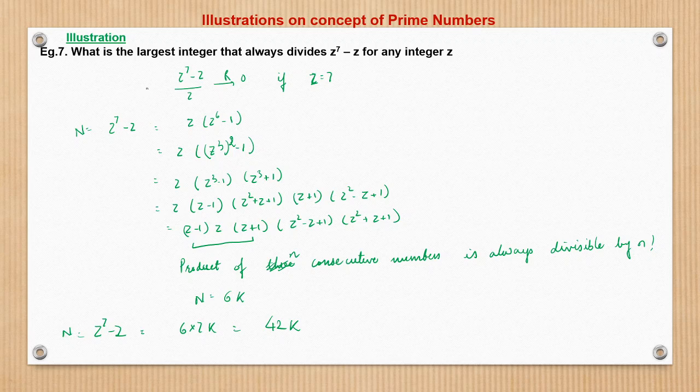How come? Because this is divisible by 7, we know. From Fermat's little theorem we can say z raised to power 7 minus z is divisible by 7 only when z is a multiple of 7, right?